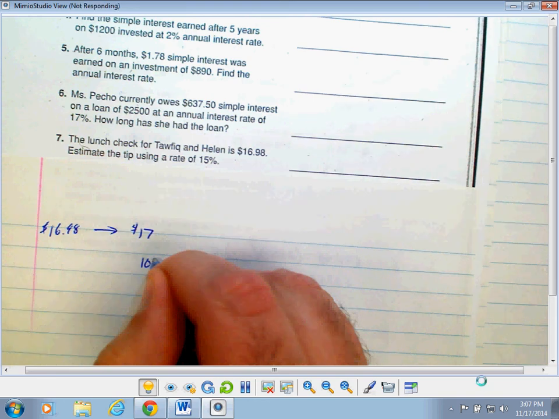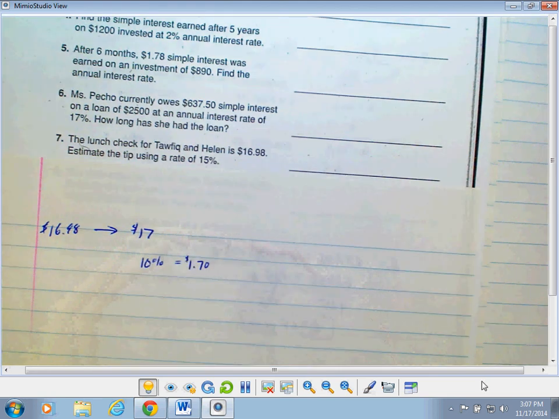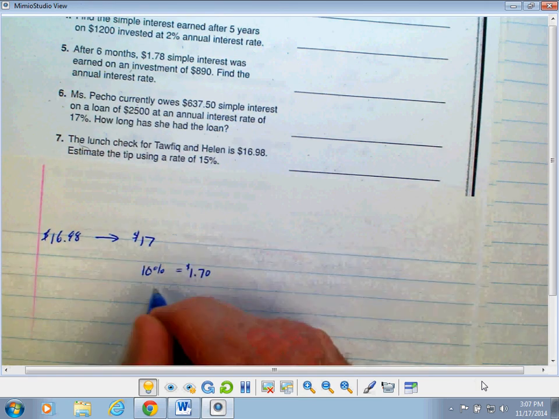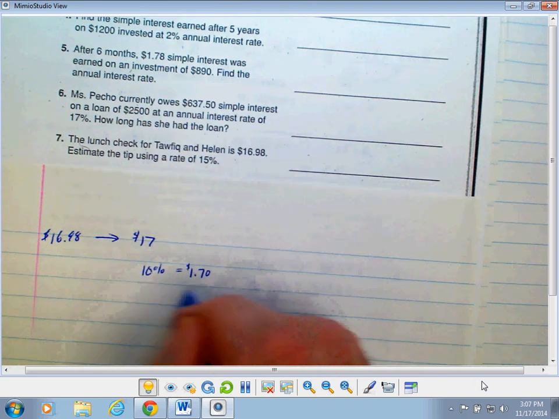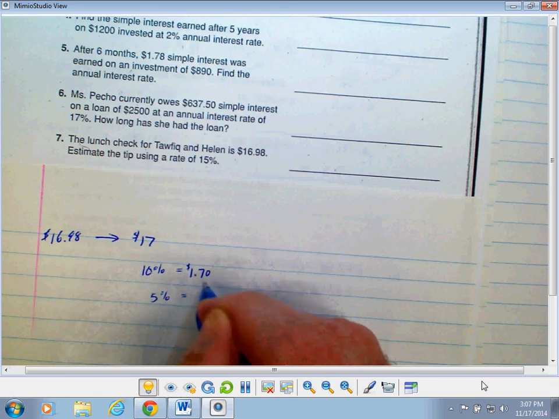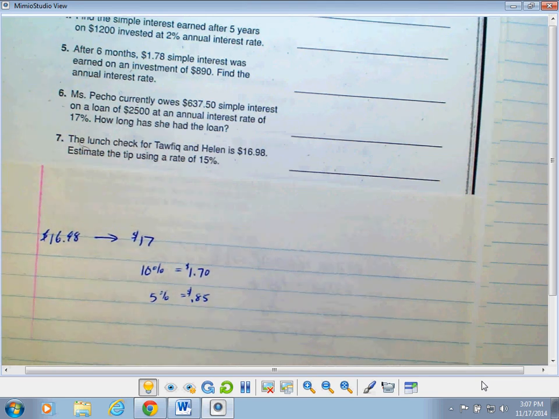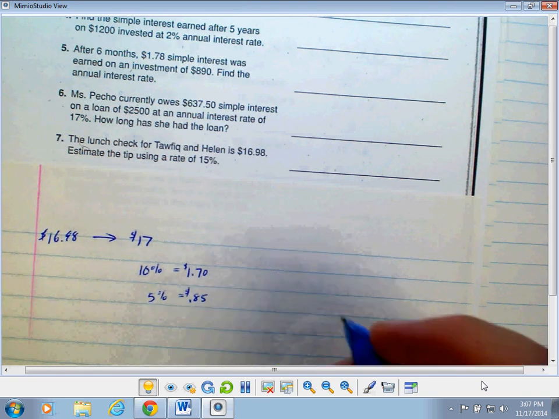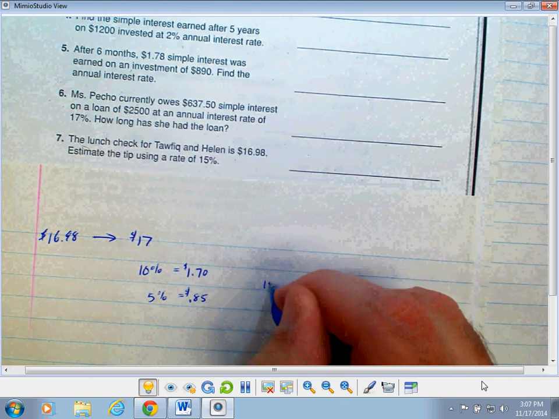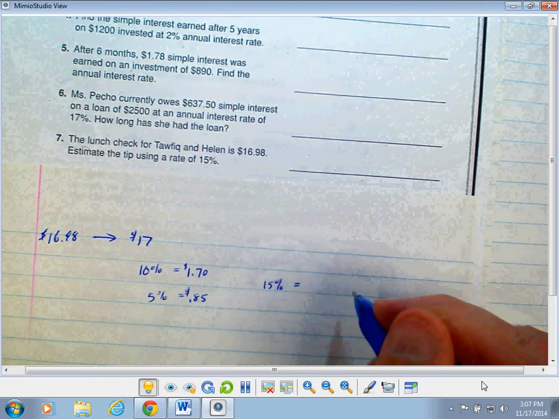Well, how do I do 15%? 15%, well, that's like saying $1.70, but what's the other 5%? Well, how about this? If I took the 10% and divided it by 2, 5% is that divided by 2, that's 85 cents. So if 10% is $1.70 and 85 cents is 5%, then 15% is to add them together.